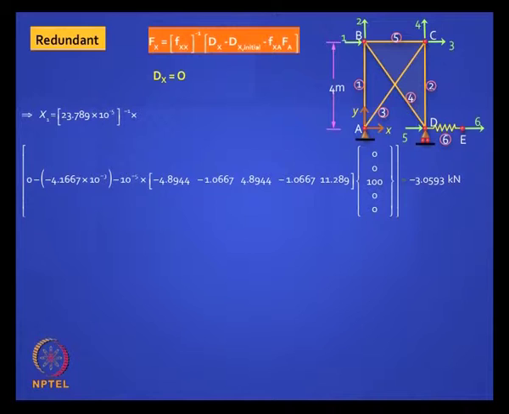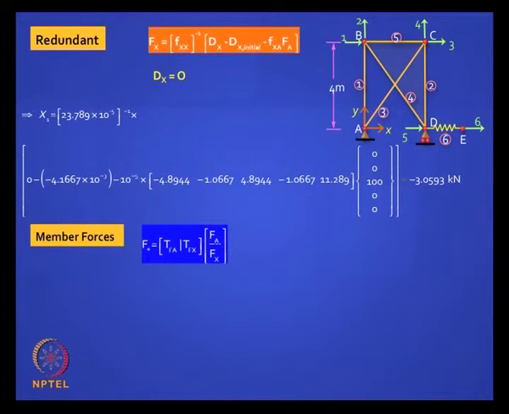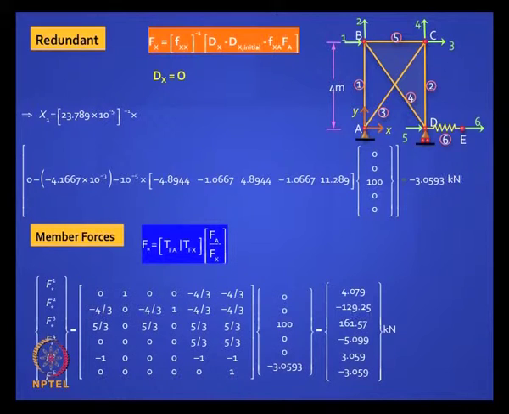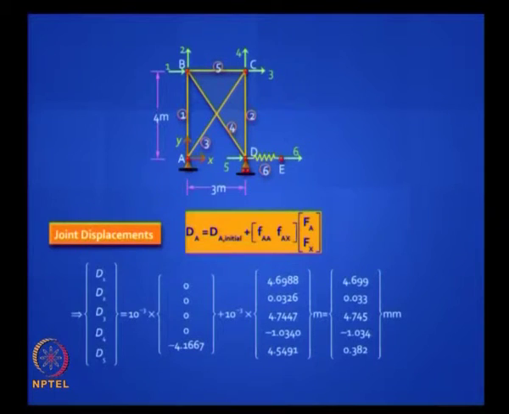Earlier the forces were not affected by the lack of fit, but now the force is affected by the lack of fit because it is a statically indeterminate structure. Then what do you get? Find the member forces. Now that you got x1, you can get all the answers. Is it clear?